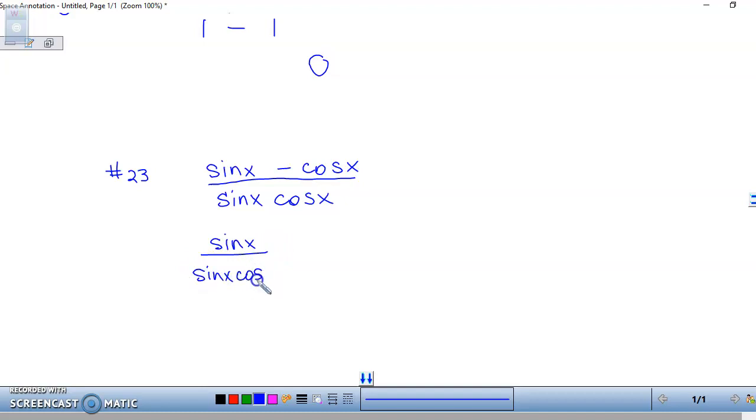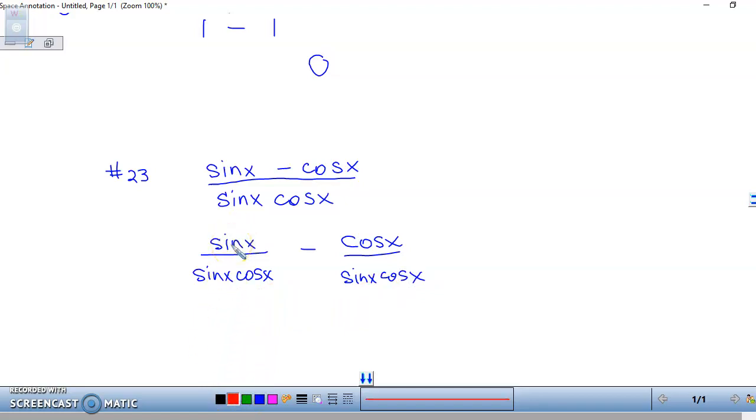So I'm taking the first part of my numerator, putting it over the denominator, and then I'm taking the second part, separated by subtraction. The second part is cosine x, and I'm putting it over the denominator, sine x cosine x.